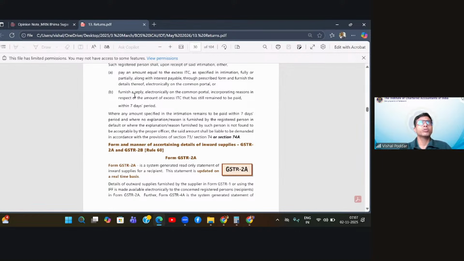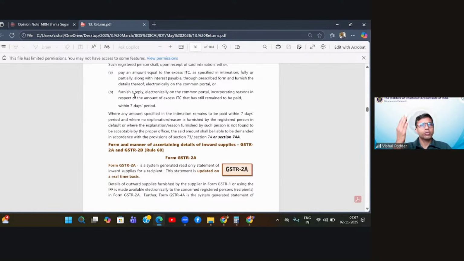Importantly, the next difference between 2A and 2B is 2A will only reflect the invoices. 2B will also tell you whether these invoices are available or not available for input tax credit. So 2B has gone a step further, that it is also incorporating certain details about the supplier, about the nature of supply, like what is the place of supply of this transaction, is it matching with your state, that is the state of recipient, then depending upon what is the inward nature of this supply, whether it is eligible.